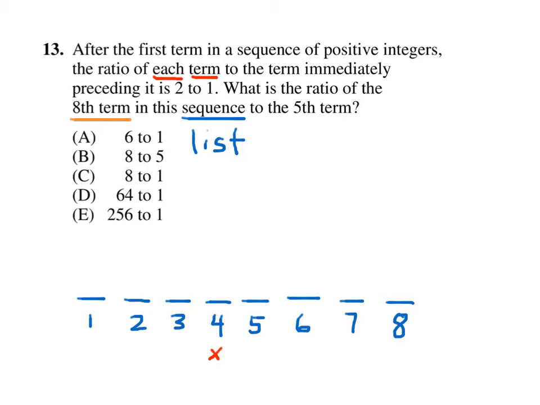We'll call it x. The 4th term, which is x, to the term immediately preceding it. The term immediately preceding the 4th term is the 3rd, which we'll call y. So the ratio of x to y is 2 to 1.